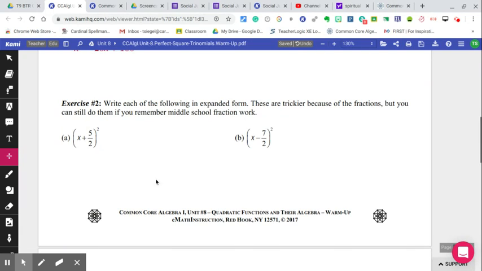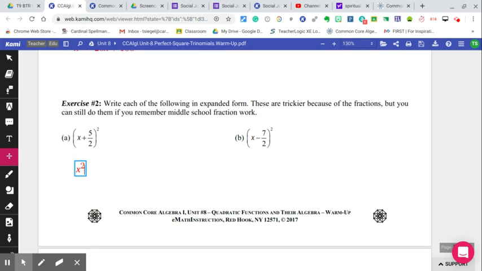Fractions work the same way. Take the first term, x squared. 5 over 2 doubled is 10 over 2, which is 5, or 5 halves times 2 is 5.